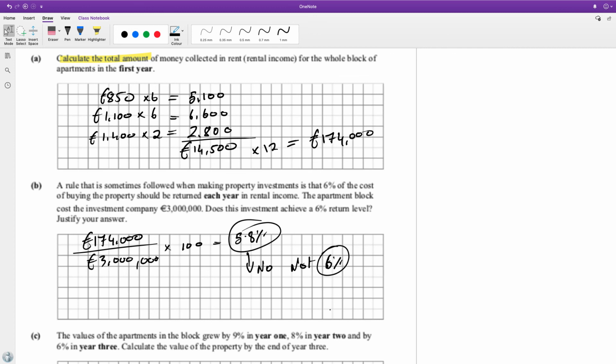So, the value of the apartments in the block grew by 9% in year 1, 8% in year 2, and by 6% in year 3. Calculate the value of the property by the end of year 3.